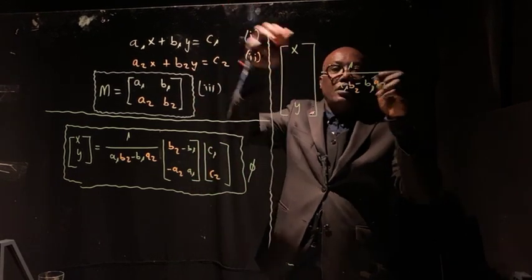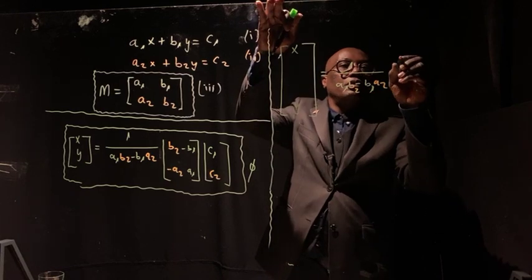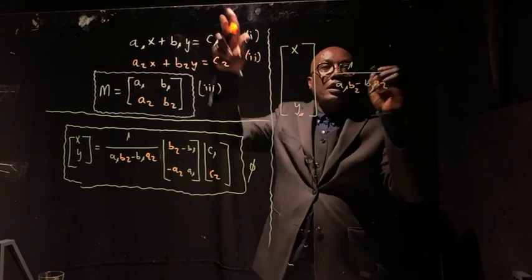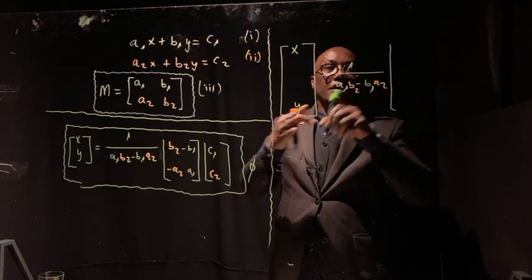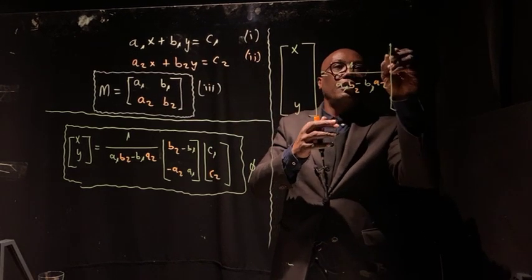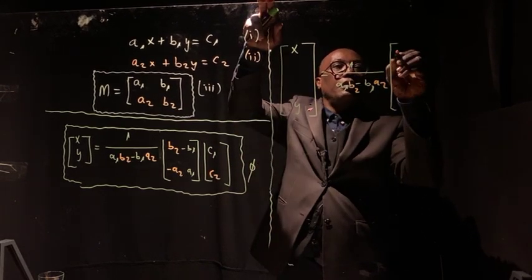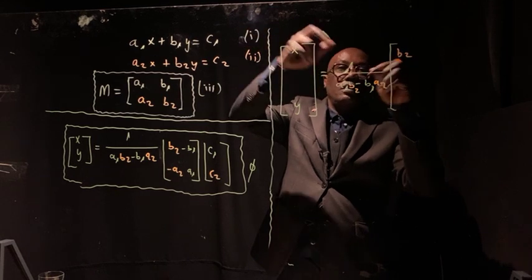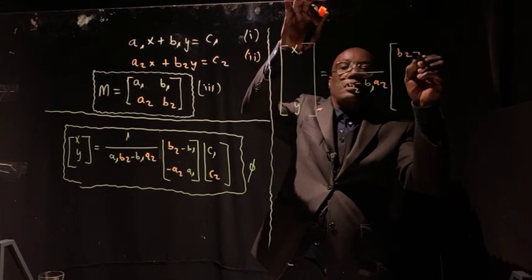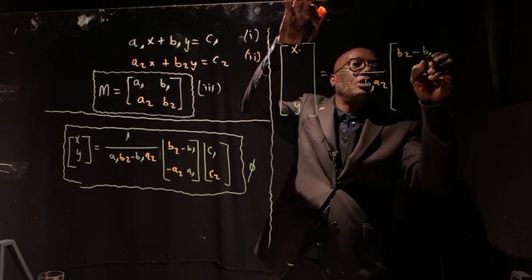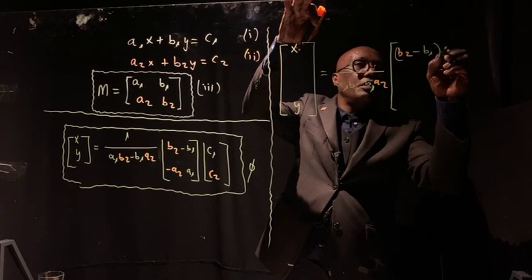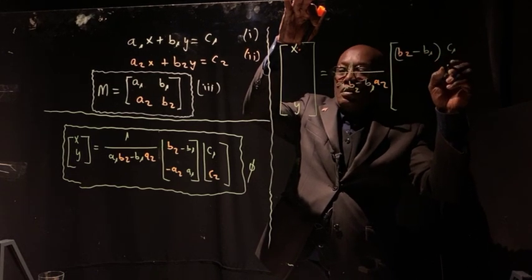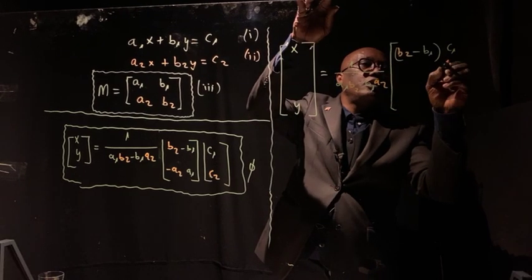It becomes b2, and this is the big thing, b2 minus b1, c1, c2.